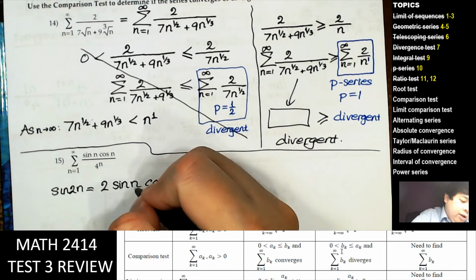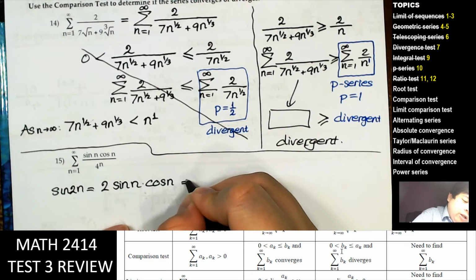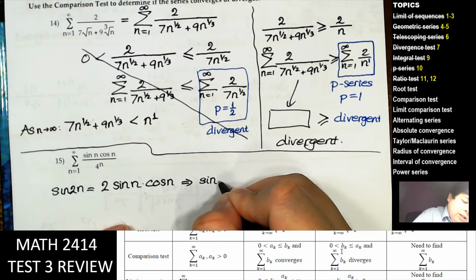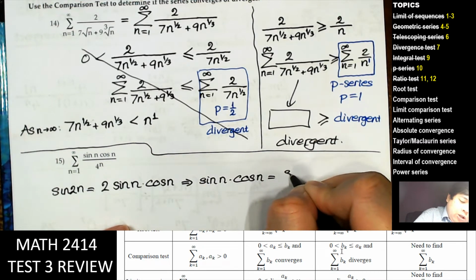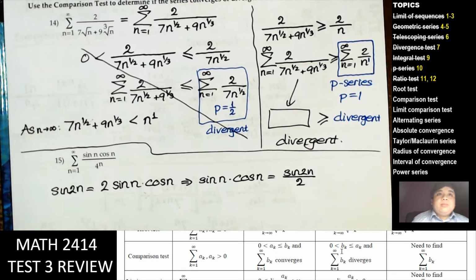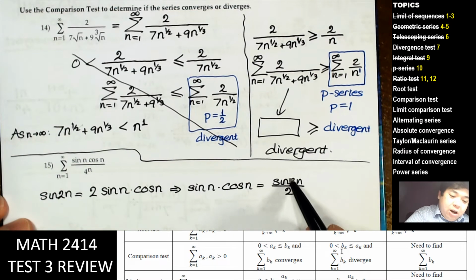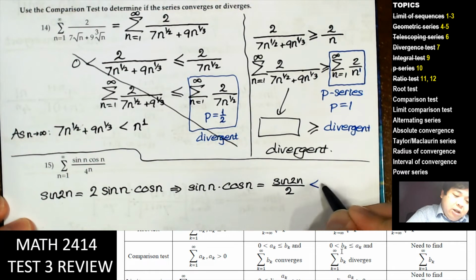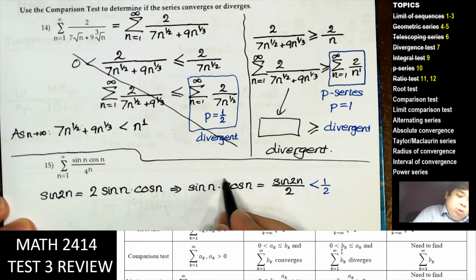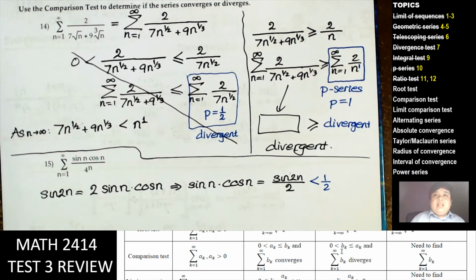So sine n times cosine of n equal to sine of 2n over 2. Regardless of that, if we have sine of anything divided by 2, this surely will be less than 1 divided by 2, so less than 1/2. So we have sine and cosine is less than 1/2.